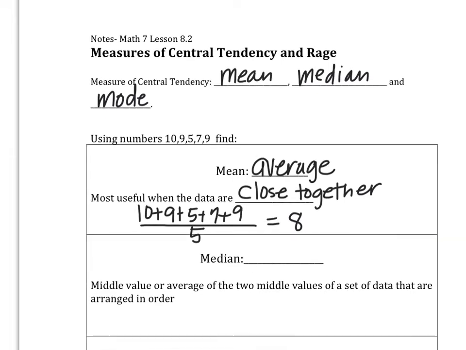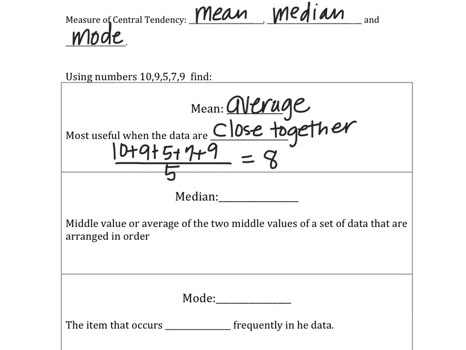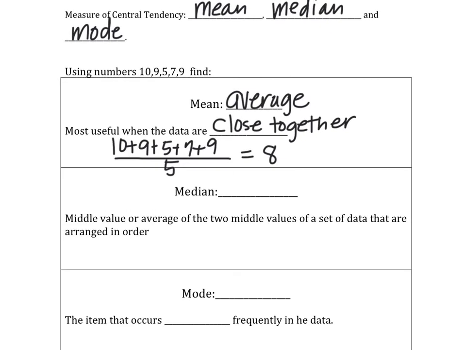Okay, let's take a look at the median. The way that I remember median is it's the middle. It's the number in the middle when we line all our numbers up from least to greatest. The formal definition is the middle value or average of the two middle values.